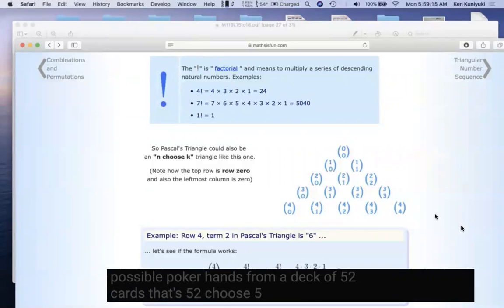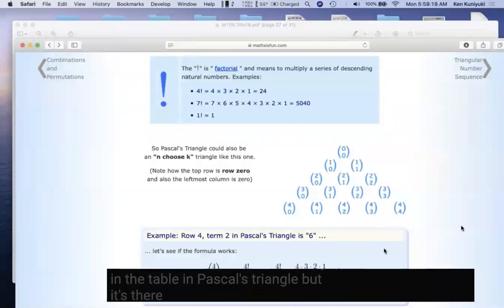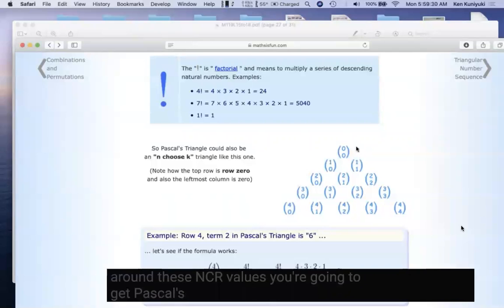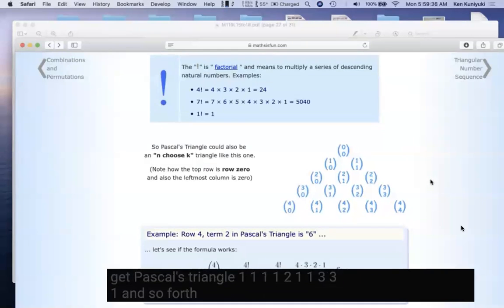That's 52 choose 5. That's way down in the table in Pascal's triangle, but it's there. So basically, if you're like Vanna White on another game show, if you flip these binomial coefficients around, these NCR values, you're going to get Pascal's triangle. 1, 1, 1, 1, 2, 1, 1, 3, 3, 1, and so forth.